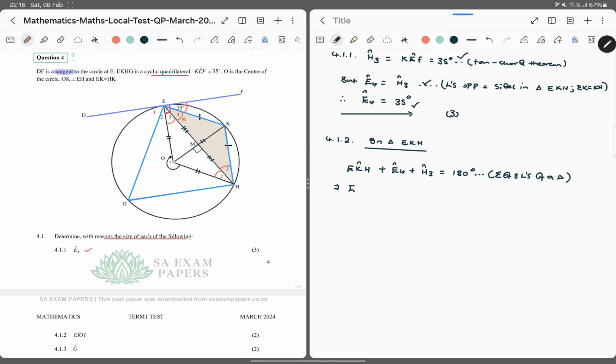This implies EKH plus 35 degrees plus 35 degrees should be 180 degrees. Therefore, angle EKH should be 180 minus 70 degrees, so this is 110 degrees.